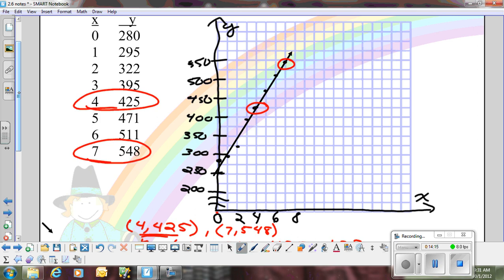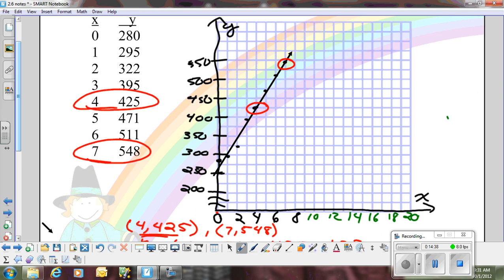So if I go out here, 2, 4, 6, 8, 10, 12, 14, 16, 18, 20 would be clear out here. If this line kept going like this, it'd be way up here somewhere when it met up with that line, right?